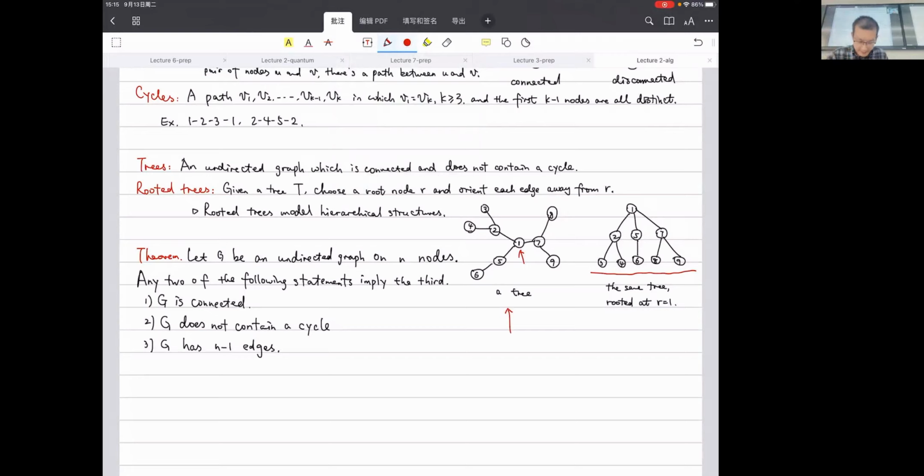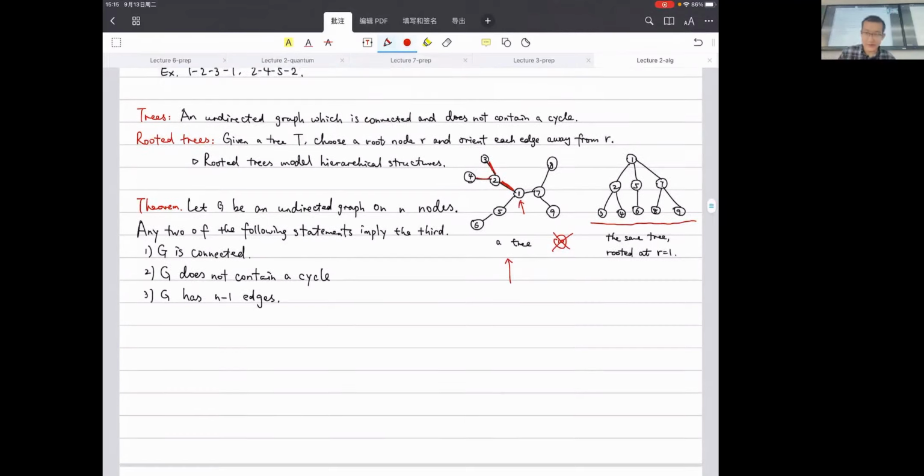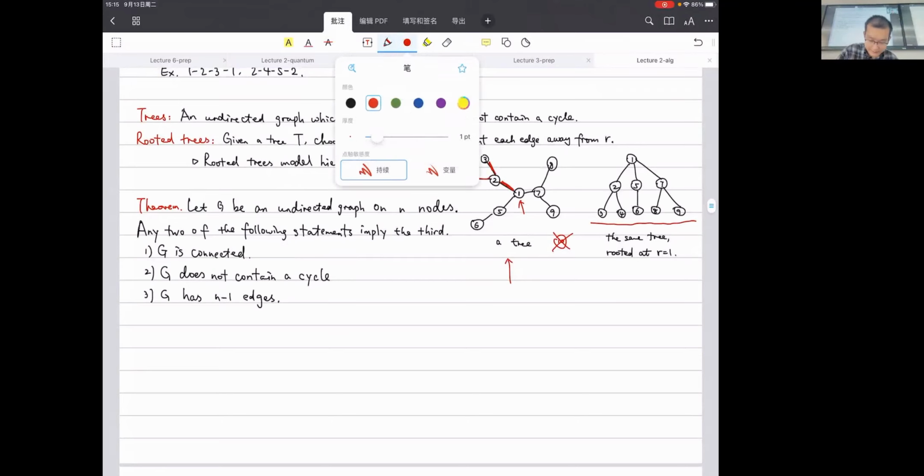If you draw something like this, intuitively you can see that a graph, if it is connected, does not have a 10th vertex like this. As long as you draw the graph and make sure it is connected and does not have a cycle, the number of edges should be n-1 intuitively. And for this discussion in the class, I'm going to prove this rigorously.